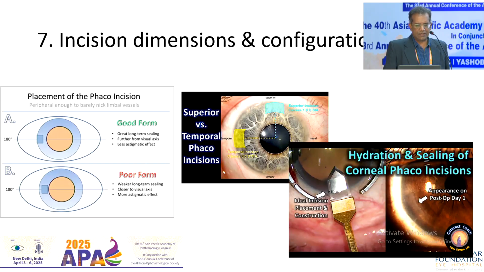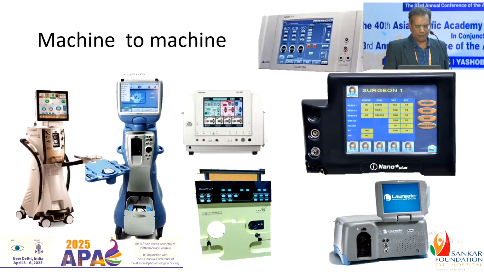And the incision dimensions and configurations are some of the very important things. So good form incision or poor form incision, and whether the plan is superior or temporal, and whether our surgery is causing leaking of the wound during the surgery or after the surgery. All these things are very important.